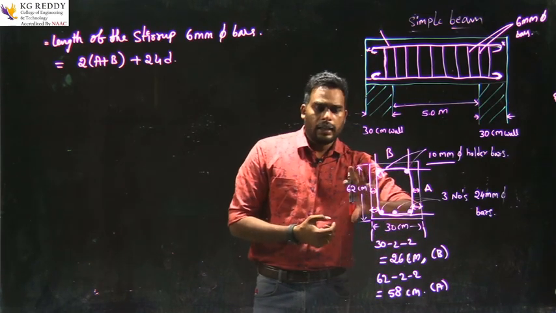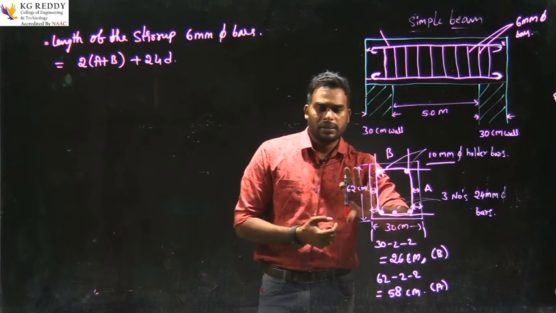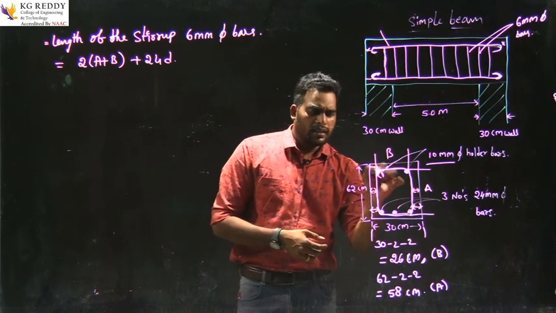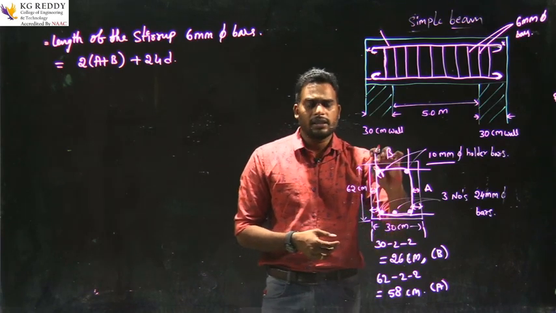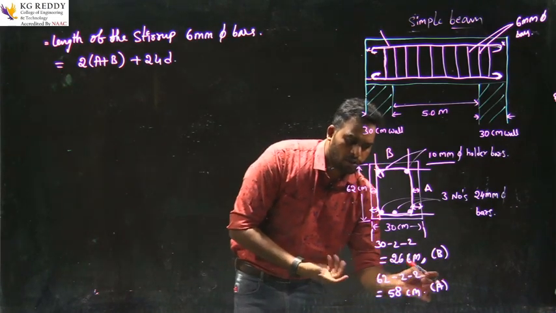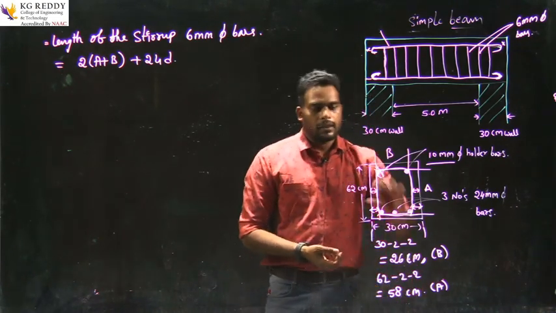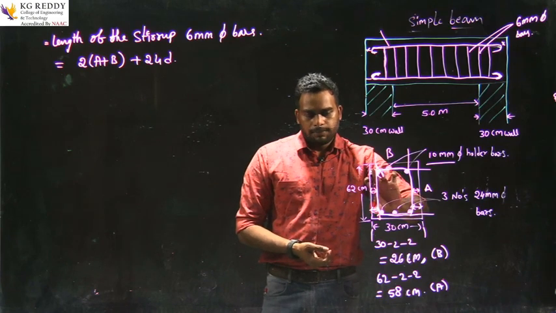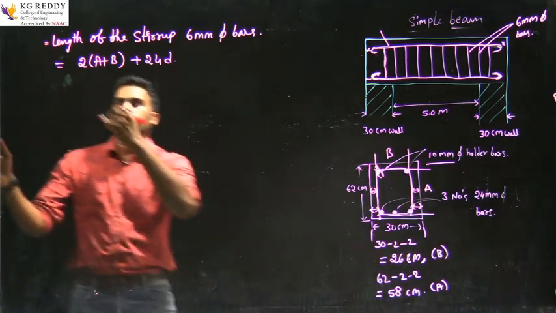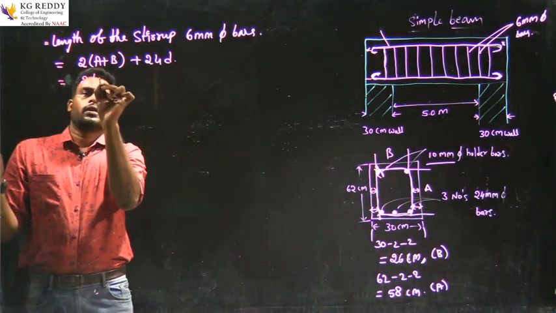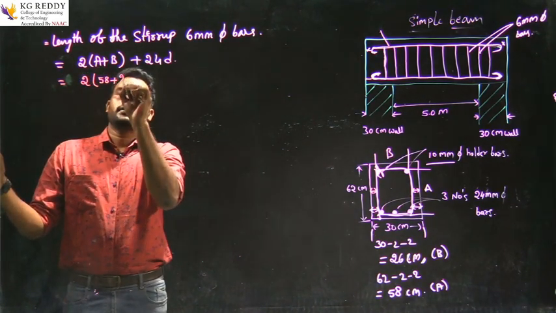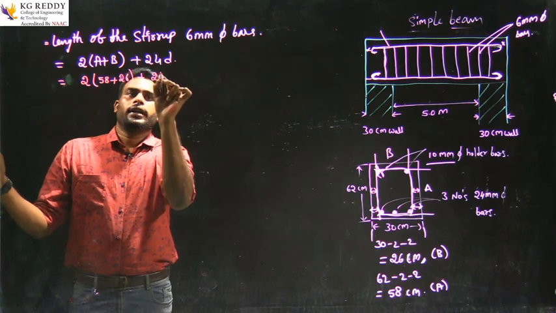Now the total height is mentioned as 62 centimeters. We don't want this additional length, which is the end cover, that is 2 centimeters. So 62 minus 2 minus 2, we get 58, the a value, the depth. Okay. So we substitute these values in the formula: 2 into (58 plus 26) plus 24 into d.